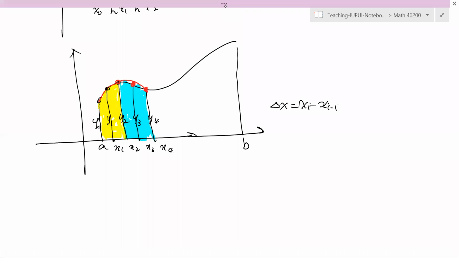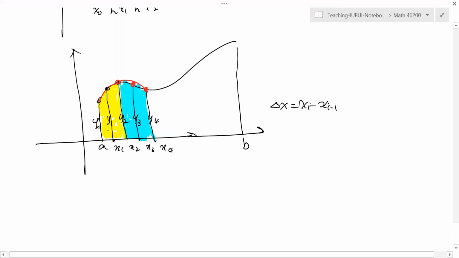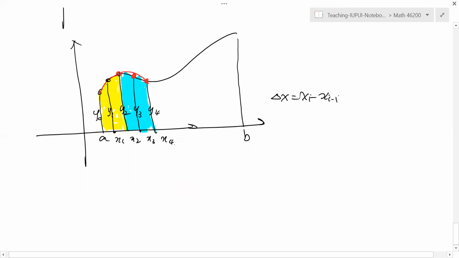Then I write the formula for the area of each region determined by the parabola. The first one: my h is delta x, so 1/3 delta x times (y0 plus 4y1 plus y2).